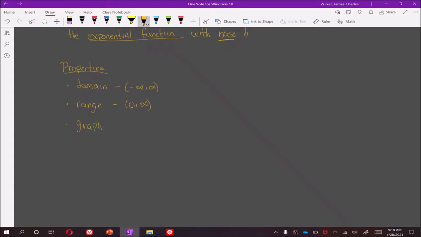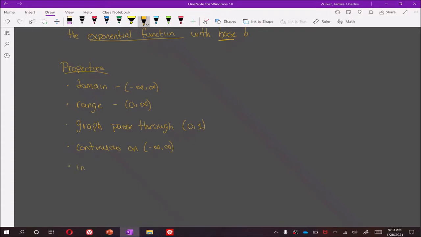Third, the graph will always pass through the point (0, 1). It is continuous from negative infinity to infinity.